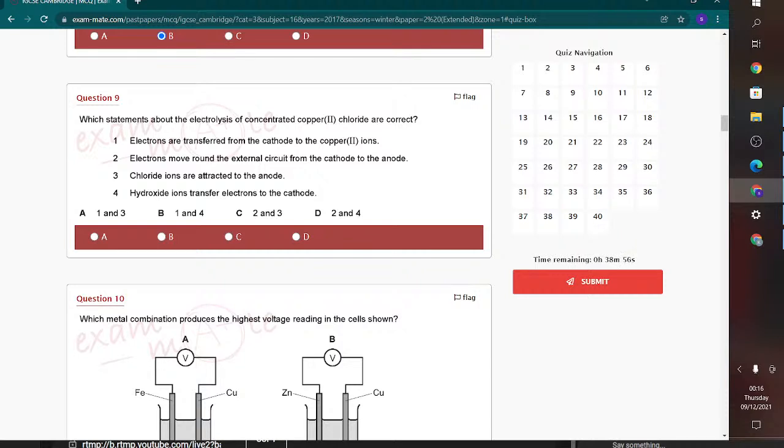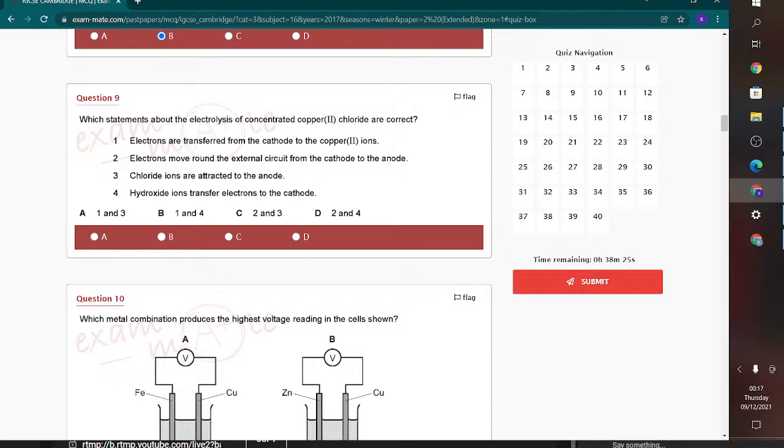Next, chloride ions are attracted to the anode. This is concentrated copper chloride, and according to the rules, any halide in a concentrated solution must go to the anode. So 3 is correct. Electrons move round the external circuit from cathode to anode. That's not true. It moves from anode to cathode.